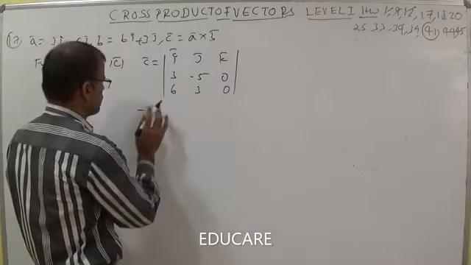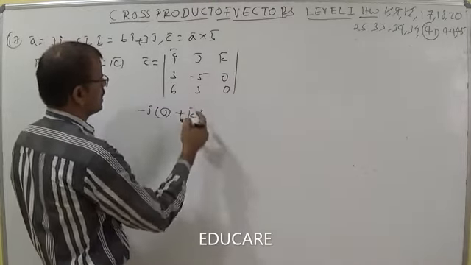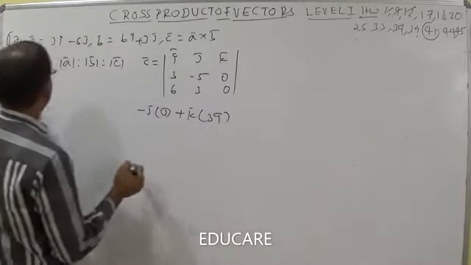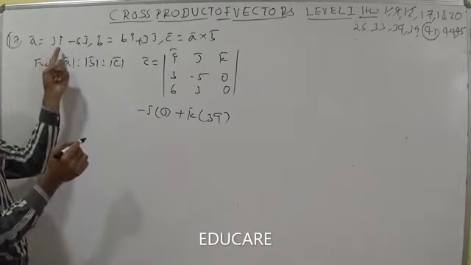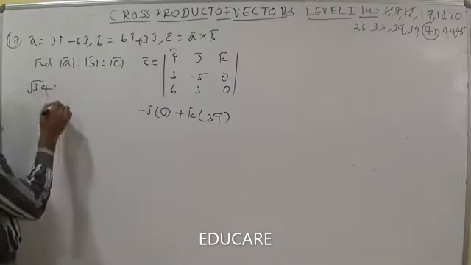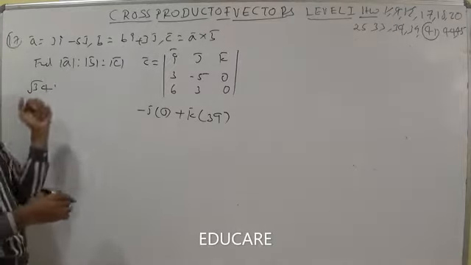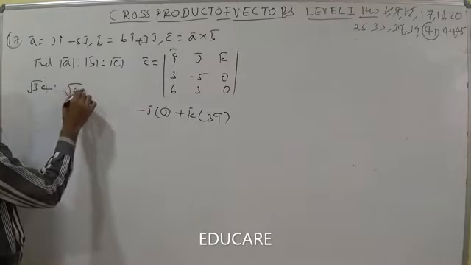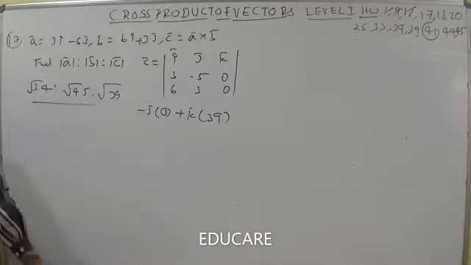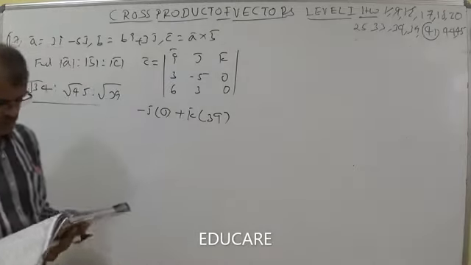Simply you write K into 9 plus 30, 39. So what is the magnitude of this one? Root of 9 plus 25, root 34, is to magnitude of B, 36 plus 9, so this is root 45. The magnitude of C is root 39 simply. Root 34 is to root 45 is to root 39. This is a triple easy question.